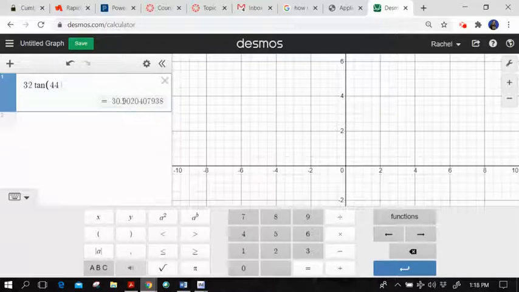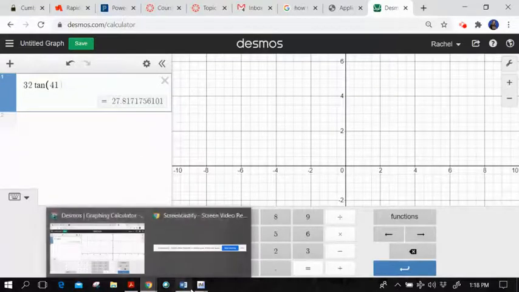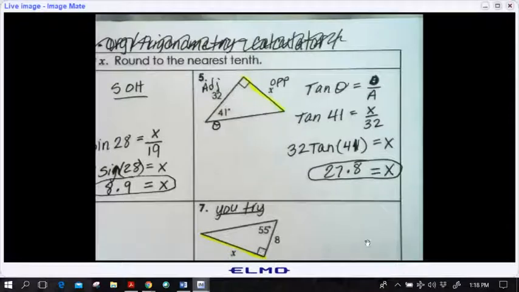I didn't even have to close the parentheses. Whoops, I mistyped. Sorry, I typed 44 instead of 41. There we go, 27.8. 27.8 is my solution. That's the length of the missing leg. So let me go back to my notes. Okay, 27.8.